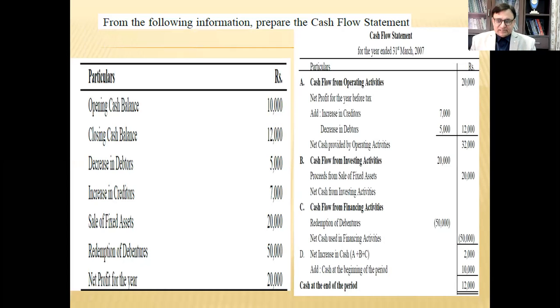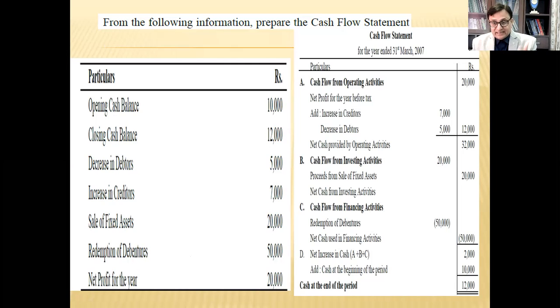So on the left side, you have been given figures regarding opening balance of cash, closing balance of cash, decrease in current assets and liabilities, decrease in debtors, increase in creditors, similarly sale of fixed asset, redemption of debentures, and finally the figure of net profit for the year, which is 20,000.